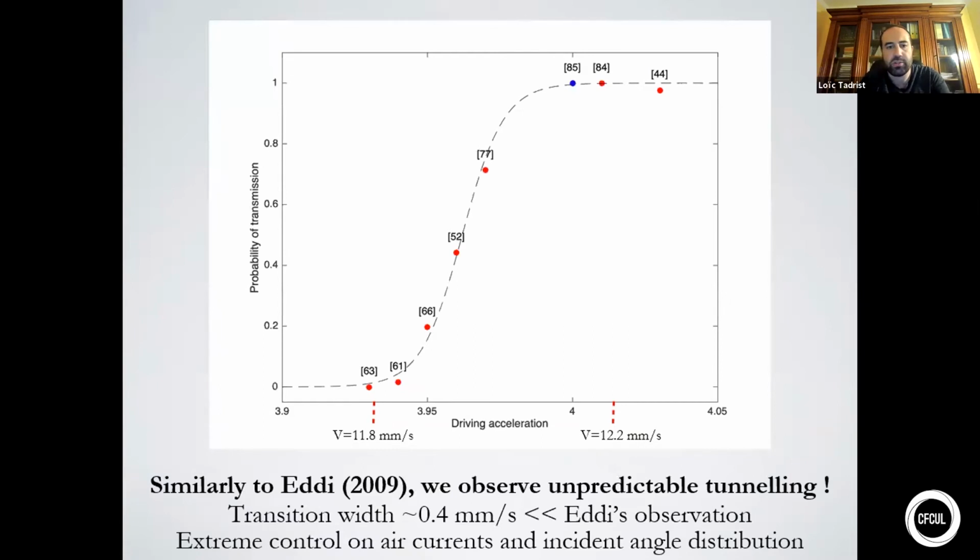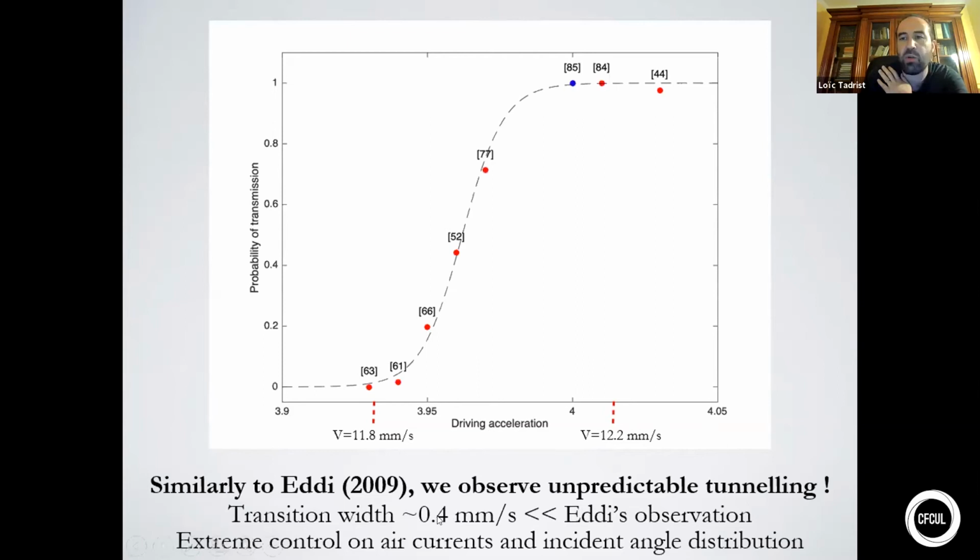So the first thing I did was vary the driving acceleration. It's the same droplet, but by varying the driving acceleration, we change the memory a little bit, and we get different velocities. And we observe here the same as Antonin Eddy, with no transmission when the velocity is lower than 11.8 millimeters per second, to 100% transmission when the velocity is larger than 12.2.